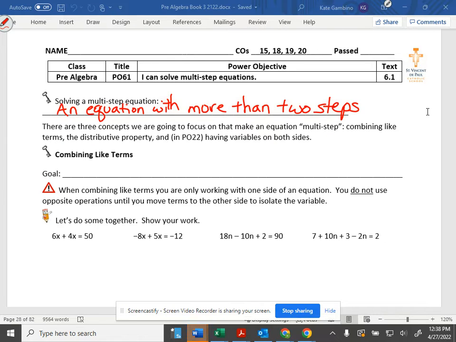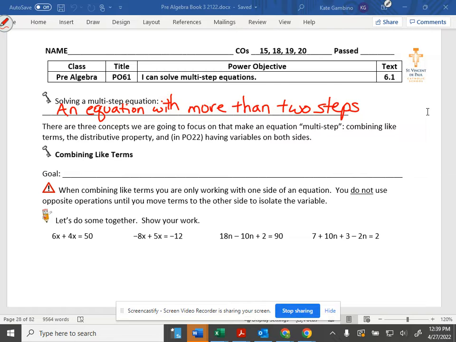Multi-steps. So trust me, friends, it's super easy to make mistakes. You're going to understand the concept and go, oh yeah, that makes sense. I get it. But if you don't write everything out, every step, it is super easy to get confused with what you're doing and to make simple mistakes.